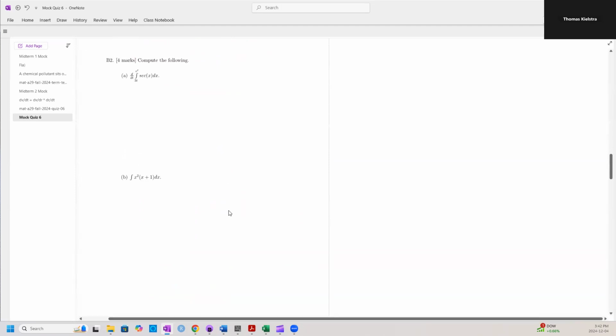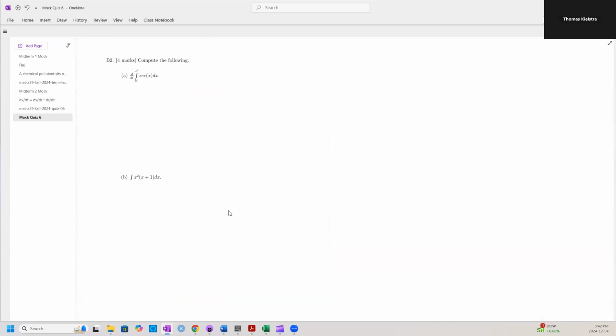Now for B2, we have two integration questions. One is an integration question using the fundamental theorem of calculus 1. In order to do this, we need to split this up into two integrals.